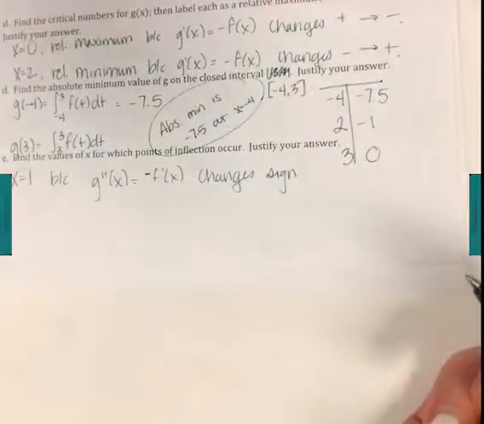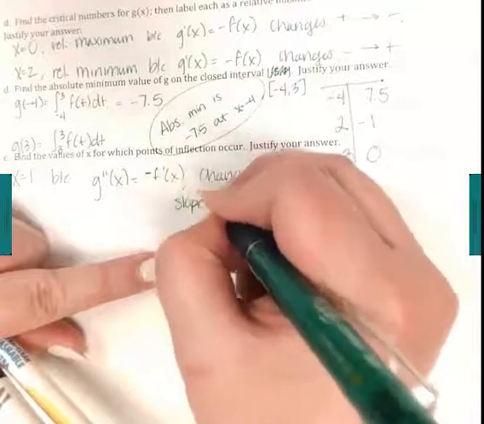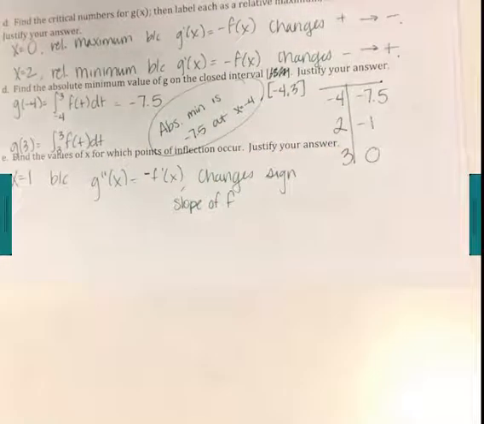And then what's the other thing I have to say, Callie? Okay, the slope of f. Because remember, you have to connect your explanation to the picture they gave you. So you're telling them, I was really looking at the slope. Now, technically, what am I looking at? The opposite of the slope. But that doesn't matter as long as it changes sign. That's good enough. Okay?